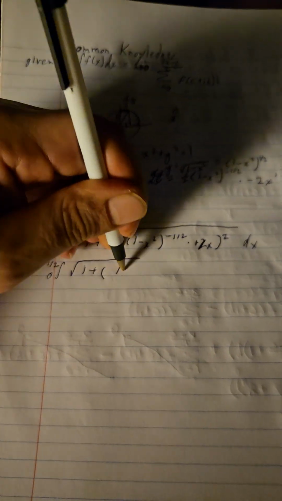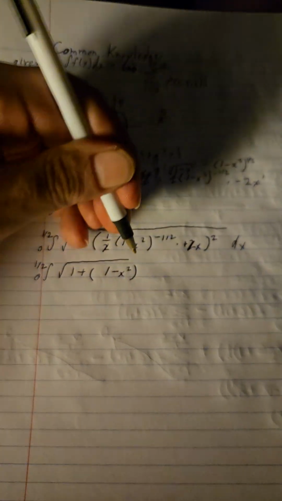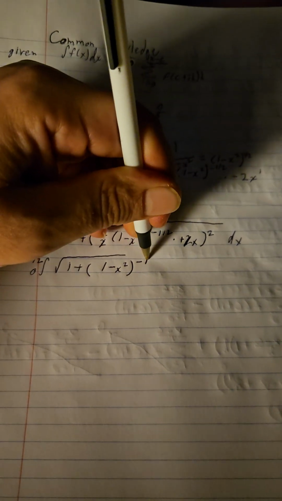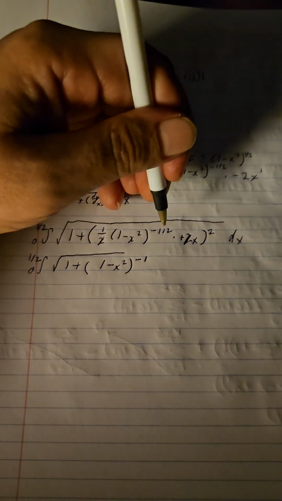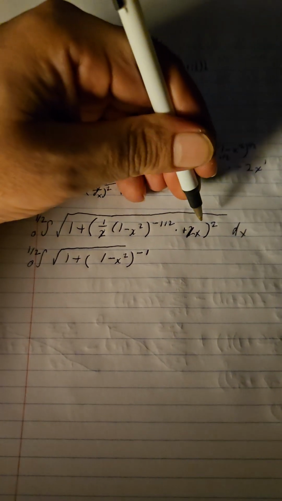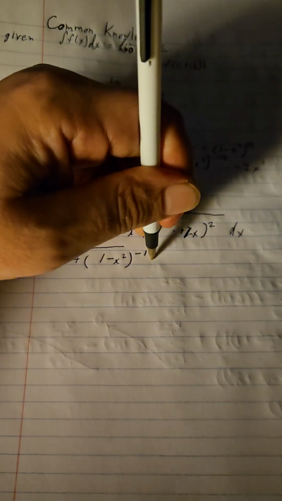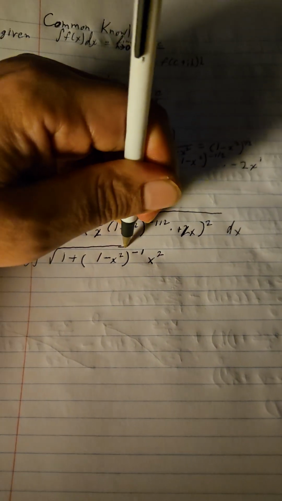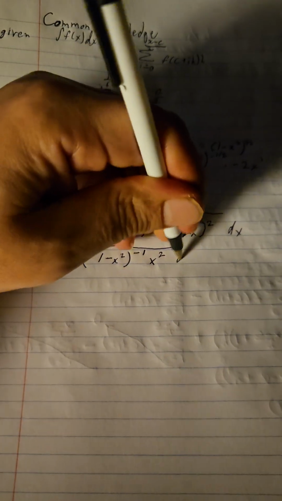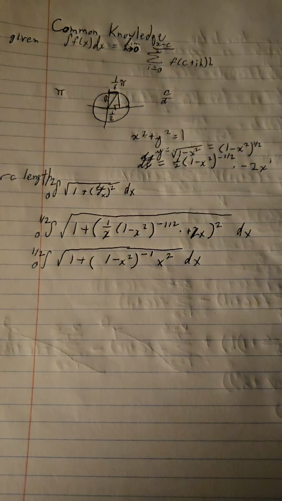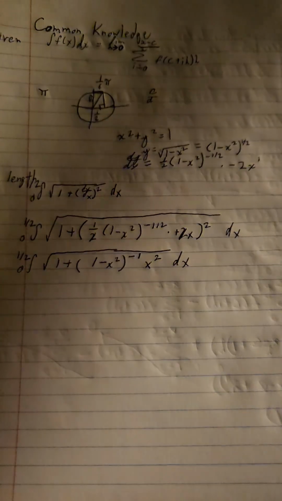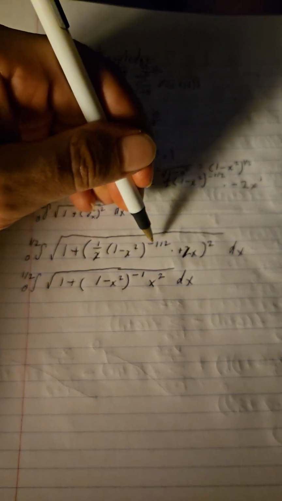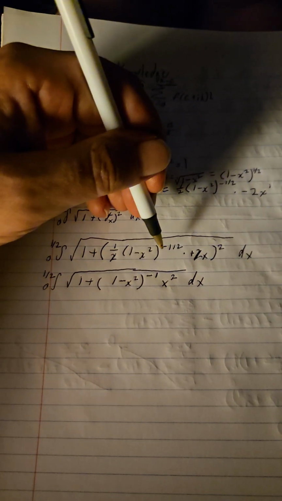We've got (1 minus x squared) to the negative 1, because we distribute this squared into this x, giving x squared, and into this negative 1/2, which gives you negative 1.